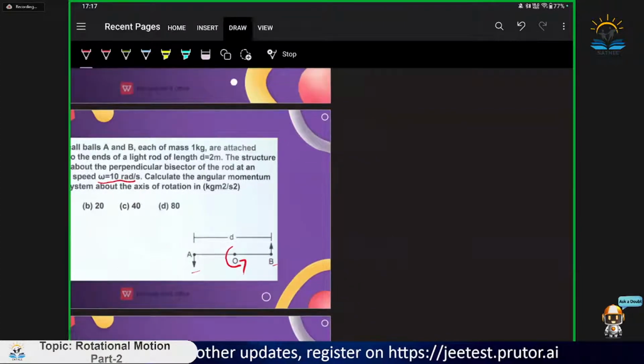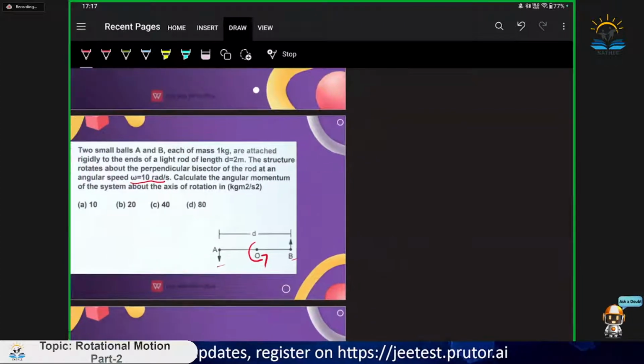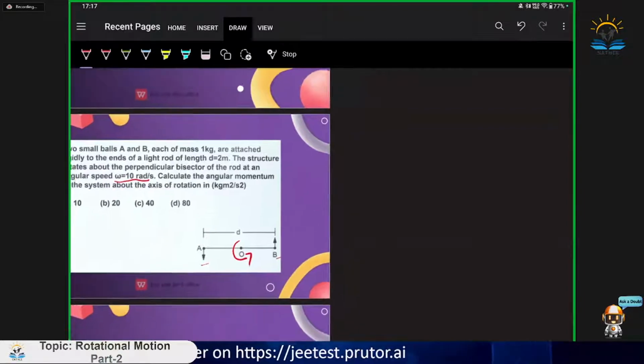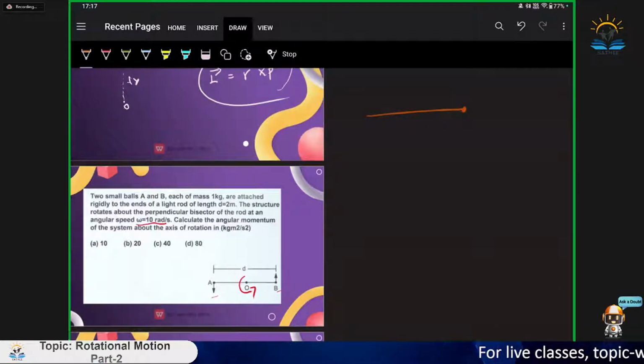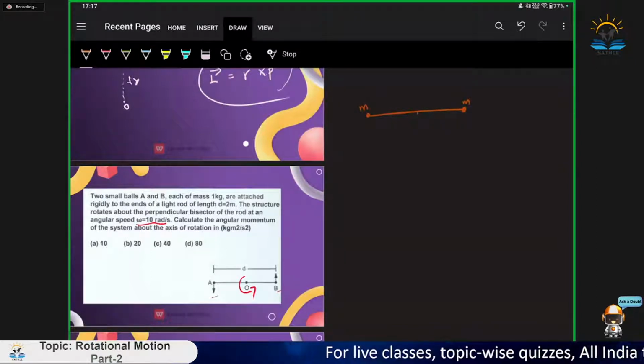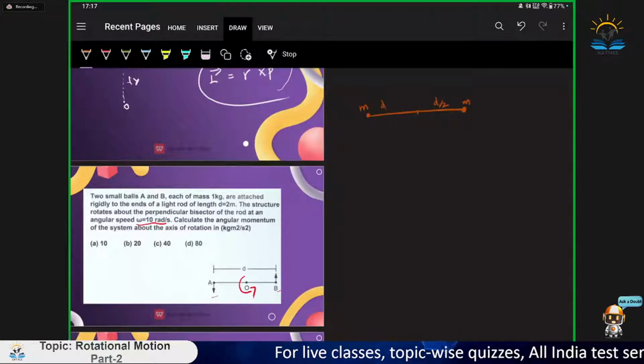So let's see. Let me draw the condition first. One rod is here, one ball is here, another ball is here, each of mass m, at d by 2 distance.